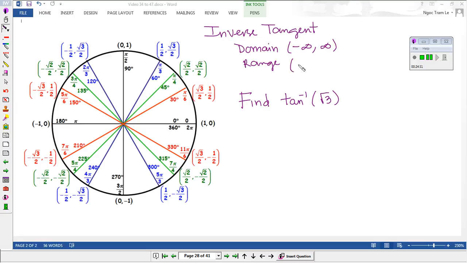The domain will be from negative infinity to positive infinity. The range will go from negative pi over 2 to positive pi over 2.